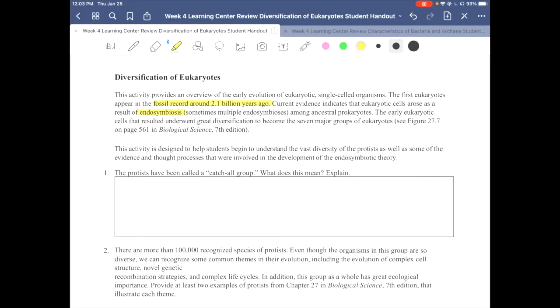It's where they have different relationships with other organisms, and sometimes it's even multiple endosymbiosis of prokaryotes. The early eukaryotic cell that resulted underwent great diversification to become the 7 major groups of eukaryotes. If you want a picture reference, you can also look at the figure in the biological science textbook on page 561.